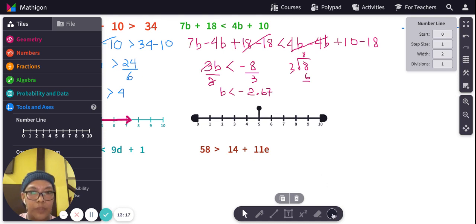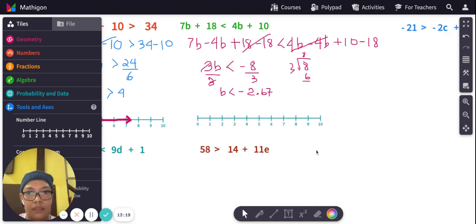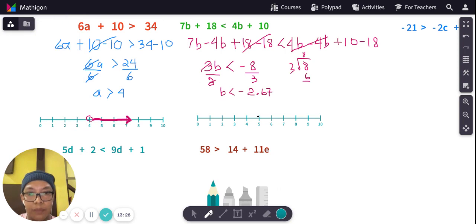Okay, so when you graph that, let's graph it. Let's put negative signs.